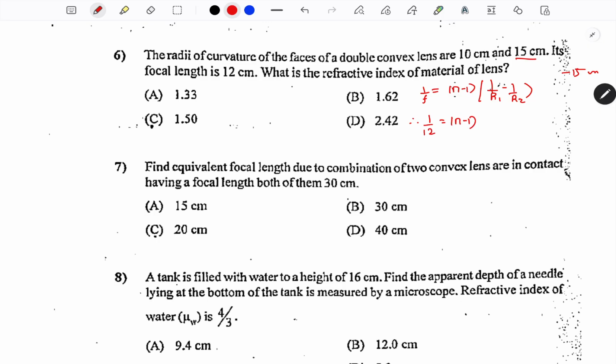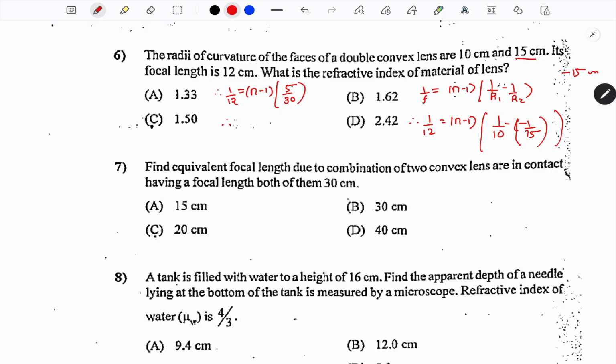So 1 by 12, the effective focal length, is equal to n minus 1 multiplied by 1 by 10 minus 1 by minus 15, so it will be plus. Therefore 1 by 12 is equal to n minus 1 multiplied by 5 by 30.